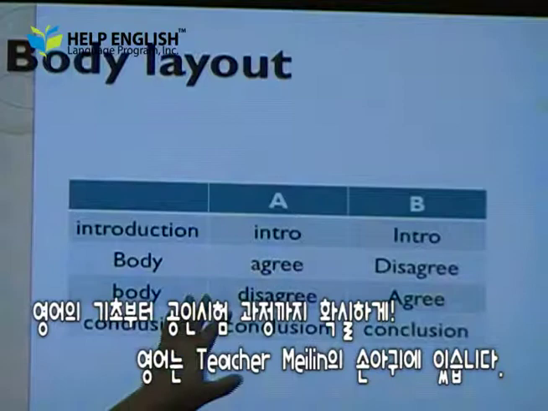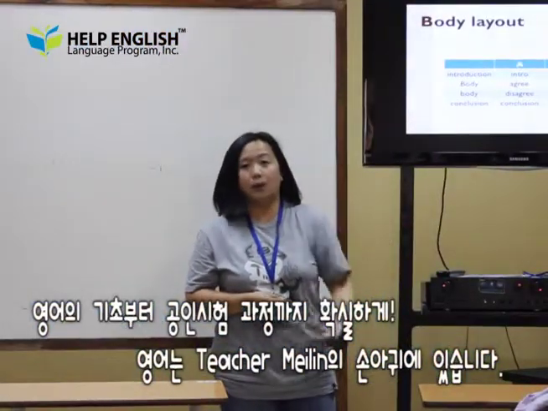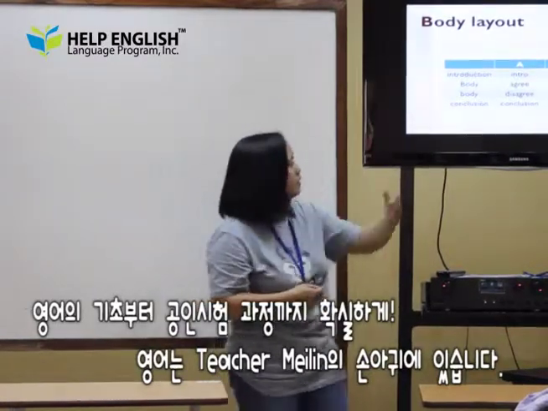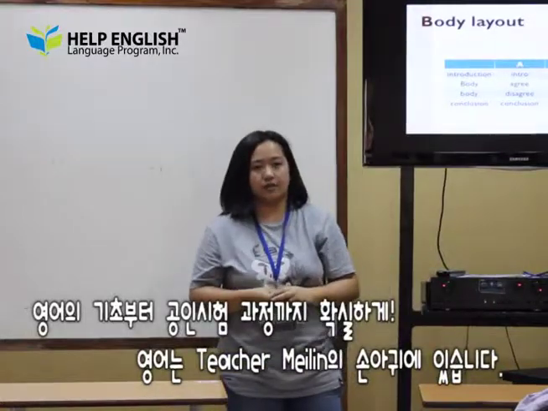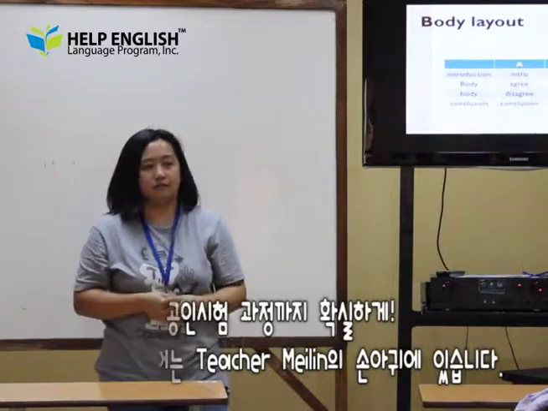And then your next paragraph, the second body, is your opposing views, or vice versa. You will start with disagree and then agree. Okay, this could also be applied with advantages and disadvantages.